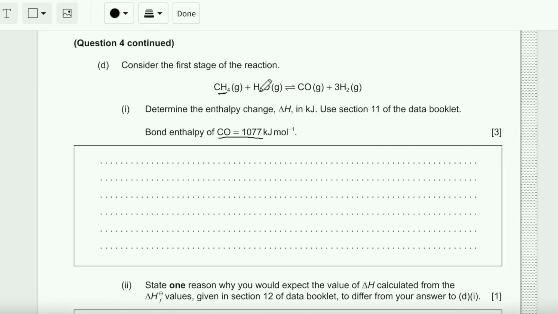First, we need to draw the Lewis structure of this CH4.